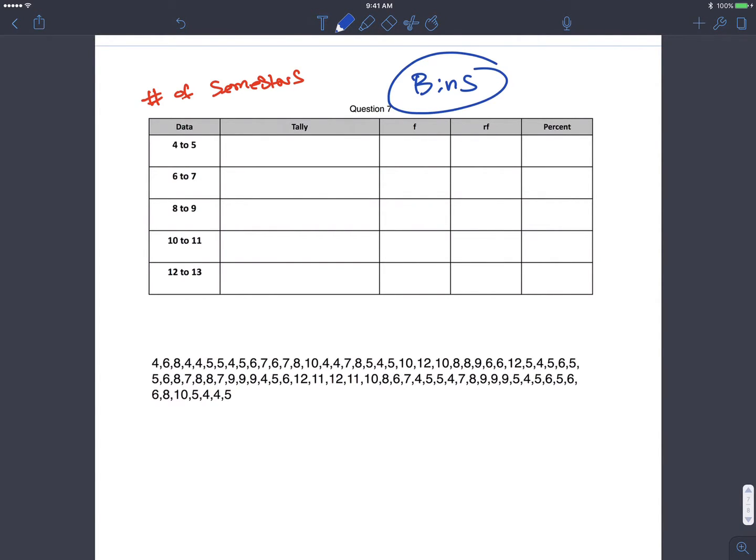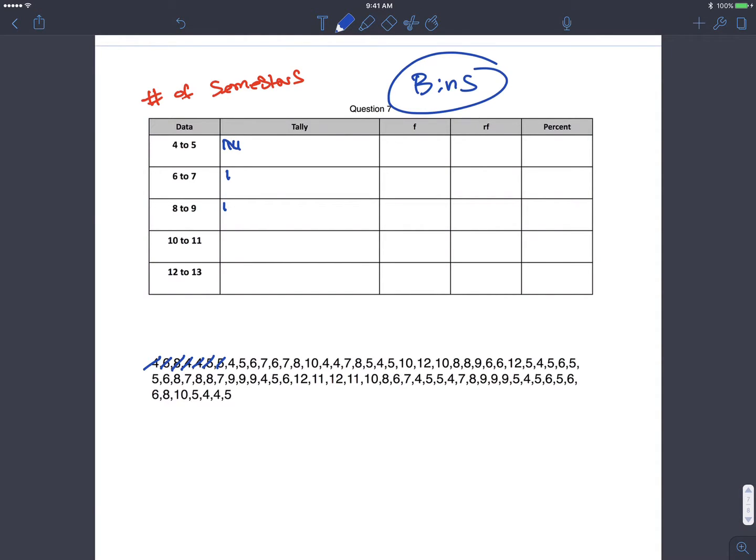So we're going to determine what bin the data value 4 belongs to, and that's the first bin. A 6 goes in the second bin. An 8 lives in the third bin. So we're going to have to do this process for all of these data values. A 4 first bin, a 4 first bin, a 5 first bin, another 5.